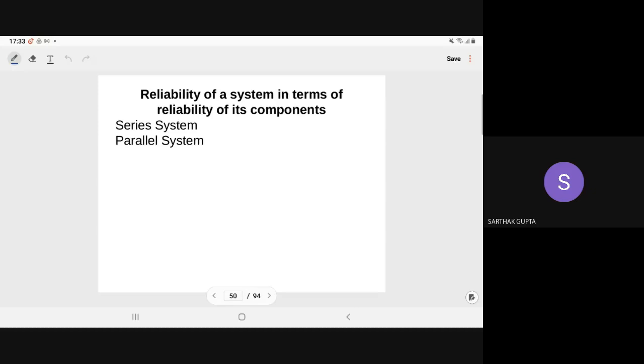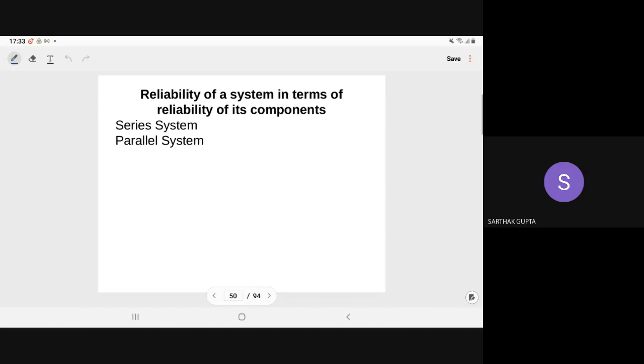Now, till now we have talked about the reliability of the system, reliability of the subsystem, reliability of a unit, reliability of the device. Now we have not taken care of the arrangement of these devices. In the system we have various subsystems.